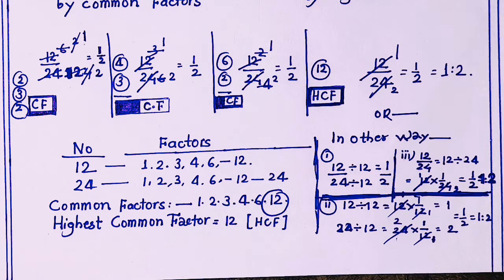When it is cancelled by their HCF, it takes no more time. It is done very quickly, but when it is cancelled by their common factors, it takes much time.